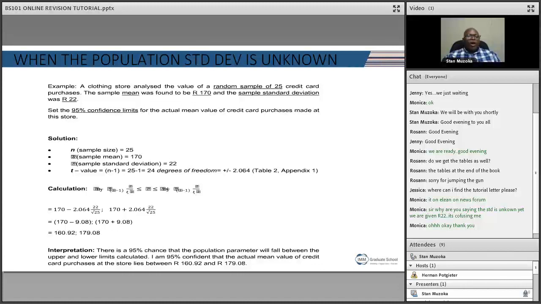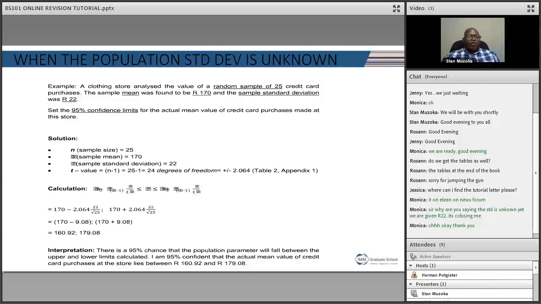And therefore our T value will be given to us. We won't have to read it off from the tables. So we use the critical value that is given. We substitute. There is our lower limit, our upper limit. The interpretation is the same.